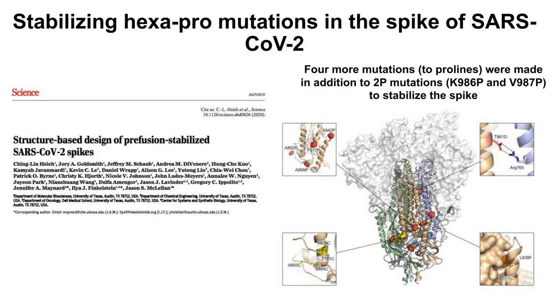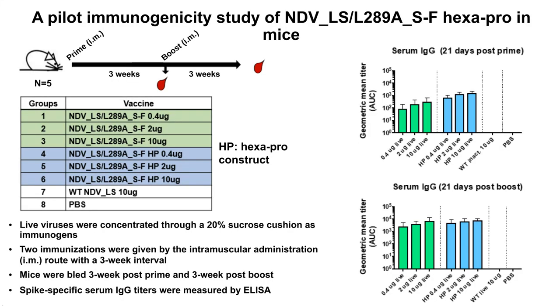So when we saw that, we compared the ones with 2 prolines with the ones with 6 prolines, and that's what we did in the next experiment. Using HexaPro, as we call it, we see that it is getting even higher levels of antibodies than the previous version when the animals are immunized intramuscularly.